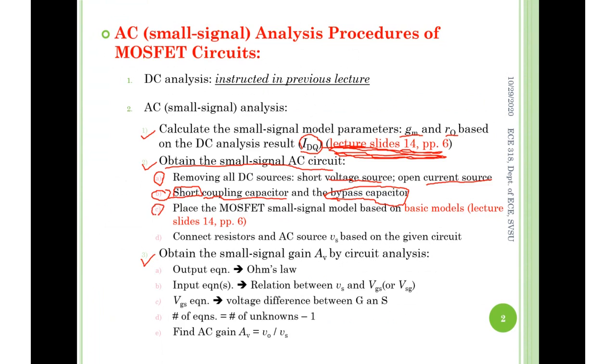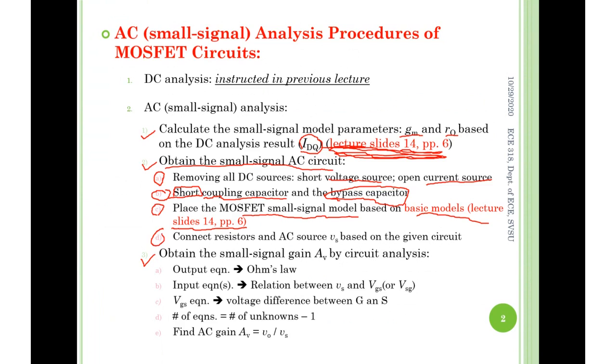And then what do we do? Start to place the MOSFET small signal model right in the middle of your paper. Be very careful whether it's N channel or P channel. We just reviewed the basic models for both, and they are also available in the handout I suggested you print out.